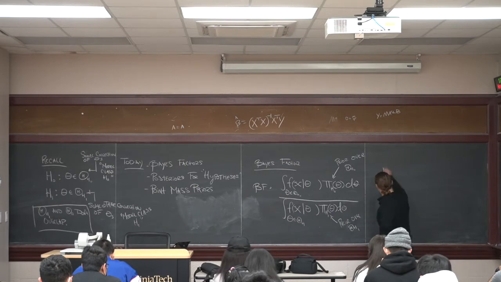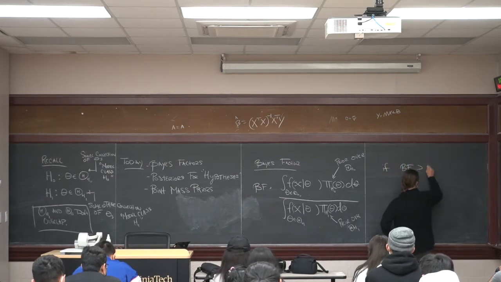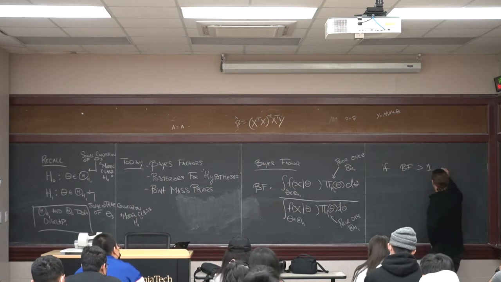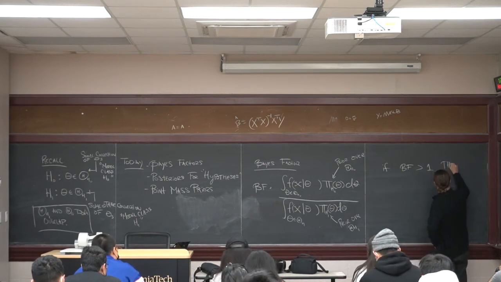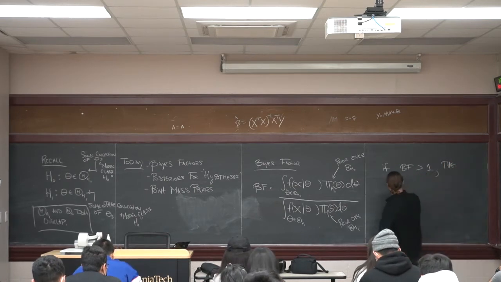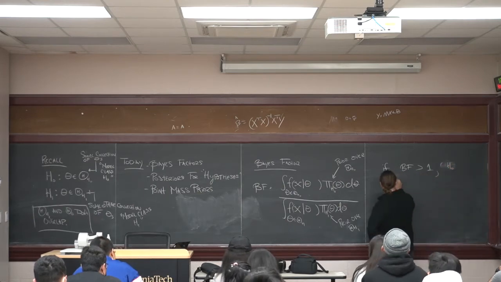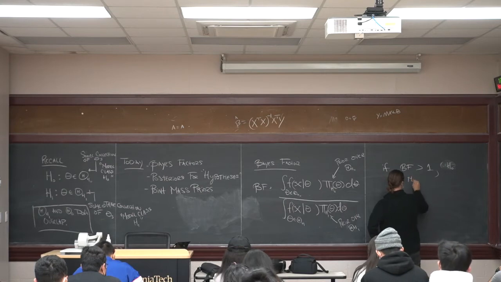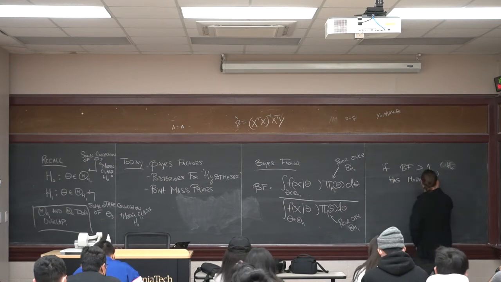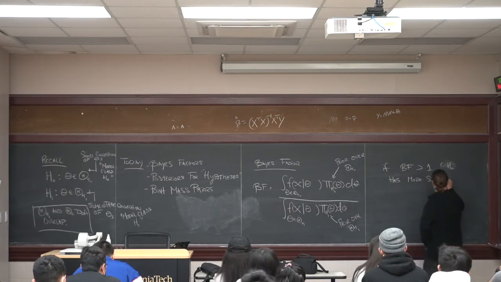So if this thing, BF, is greater than 1, it supports the null. I'll just say it like this. The null, I'll say H naught, has more support from the data.